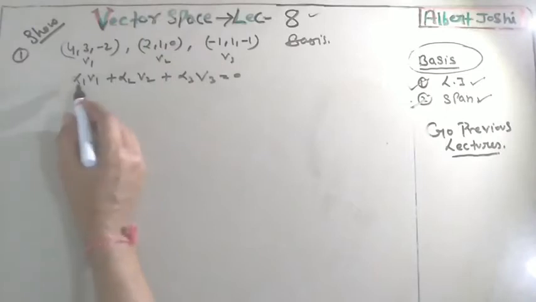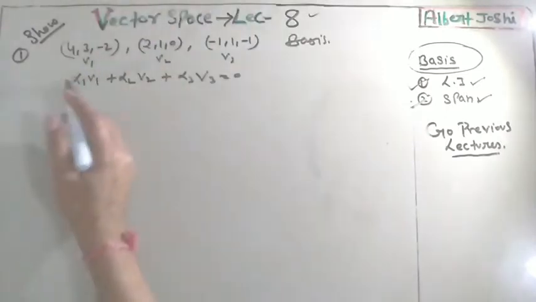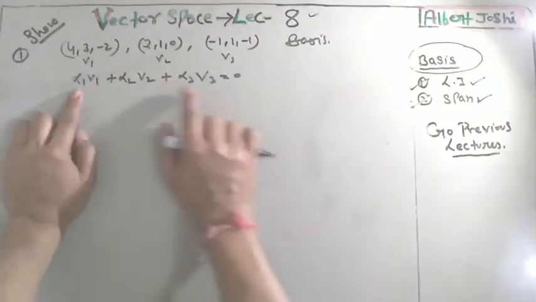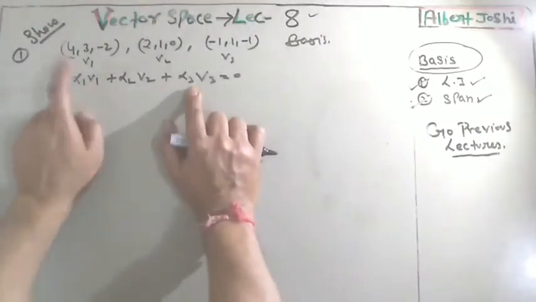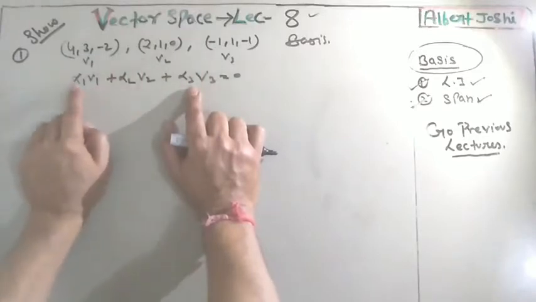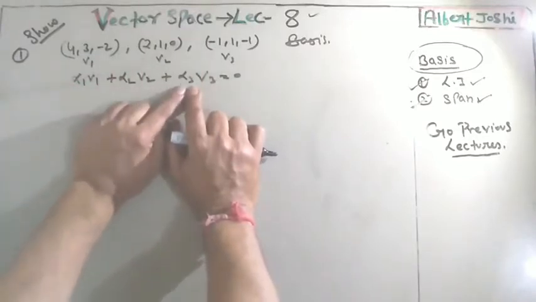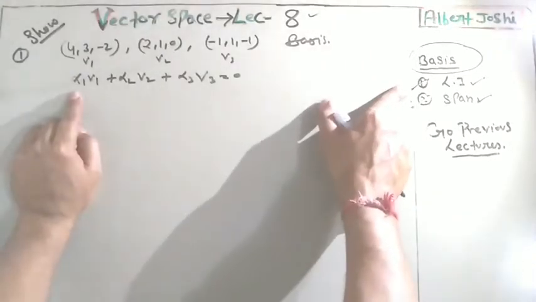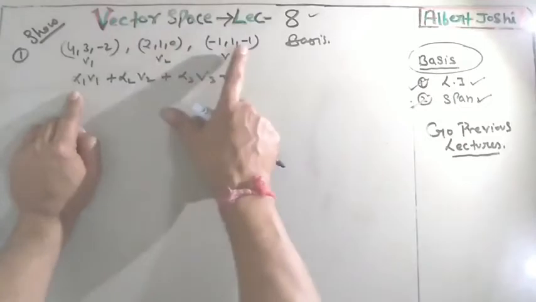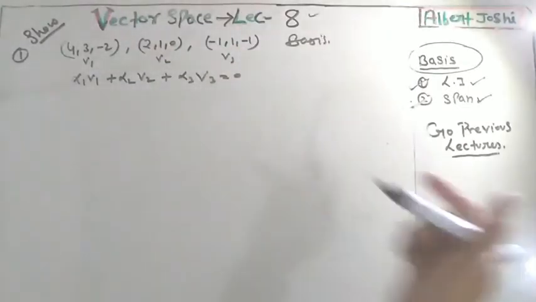Our task is to find the values of alpha 1, alpha 2, alpha 3. If alpha 1, alpha 2, alpha 3 are all 0, then this will be linearly independent. If not 0, then these vectors are linearly dependent, okay.